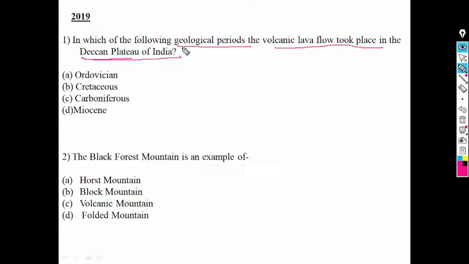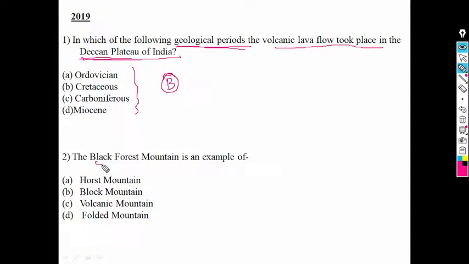Ordovician, Cretaceous, Carboniferous and Miocene. Which among the following? Here your answer is Cretaceous, B for Bombay. Okay, we'll discuss this one, don't worry.